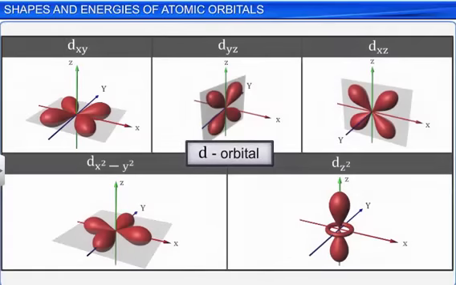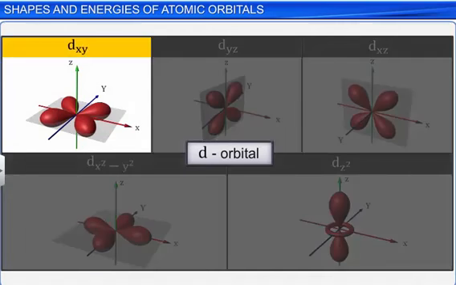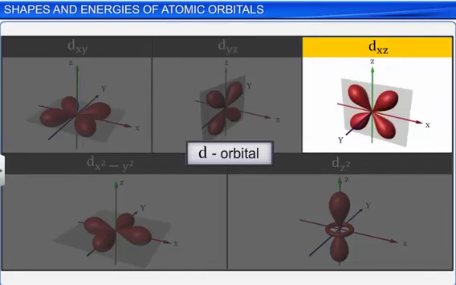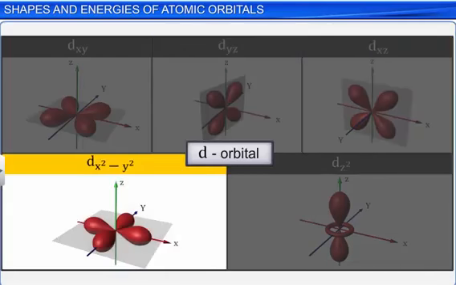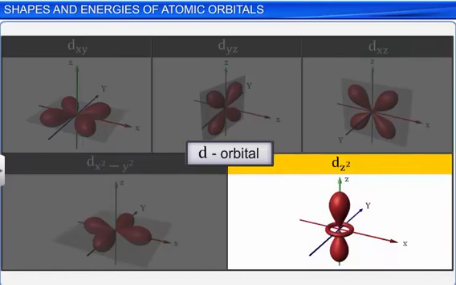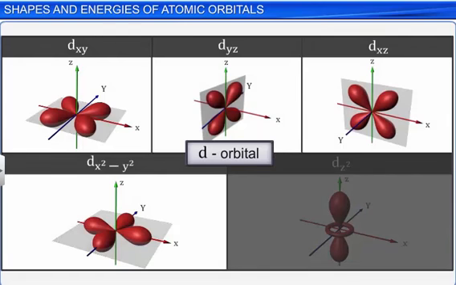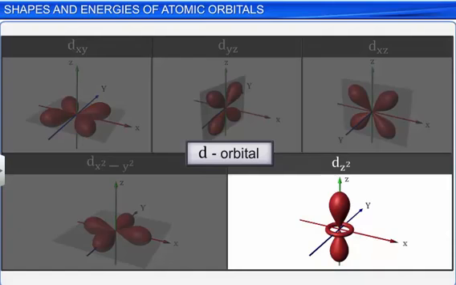The boundary surface diagrams pertaining to these orientations, designated as dxy, dyz, dxz, dx square minus y square, and dz square, are shown. Note the similarity in shapes of the first 4 d orbitals, which are different from the fifth orbital, dz square. The shape of dz square is donut shape.